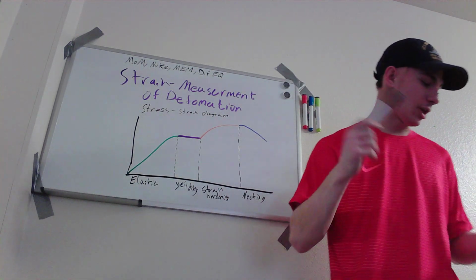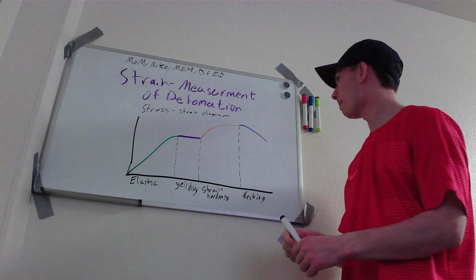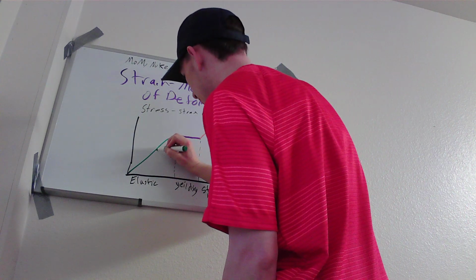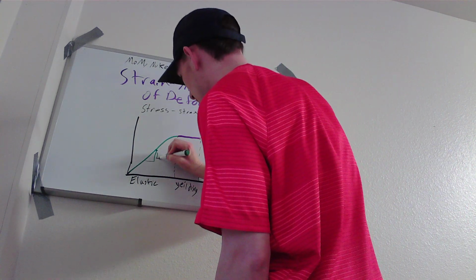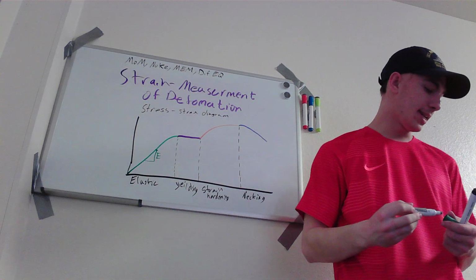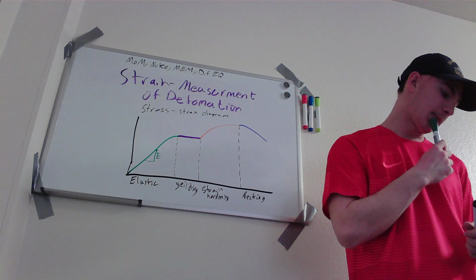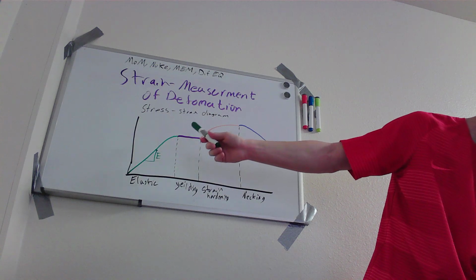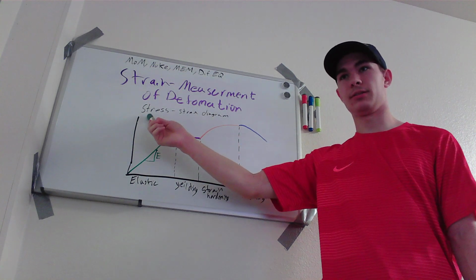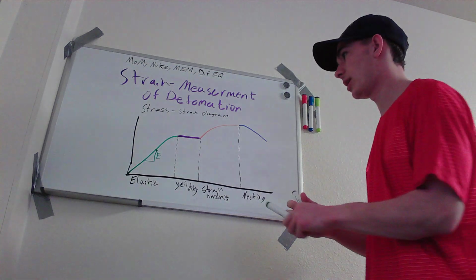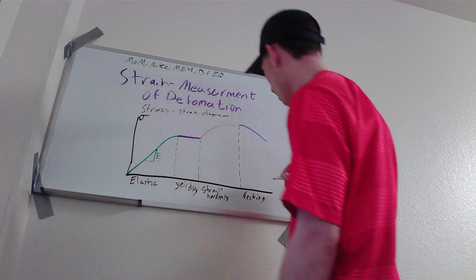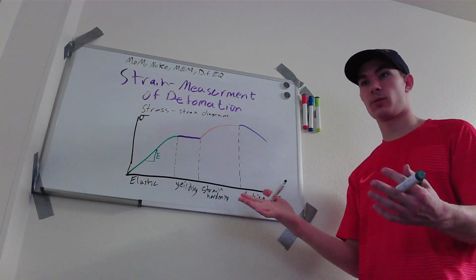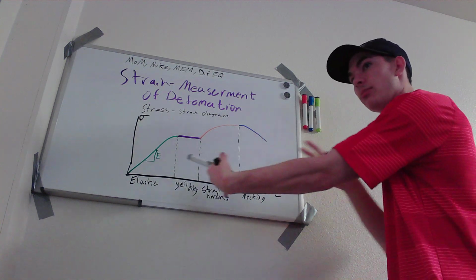Okay. There's a couple very important points. In this area, in the elastic region, this slope here is known as E. And E is when the stress, so this is stress, represented with sigma, and this is represented with epsilon, and it is the strain, so the deformation of the material that we're measuring.